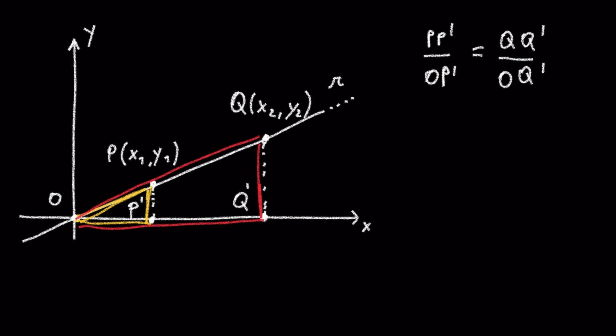You can also notice that this is x1 and this is y1, this is x2 and this is y2, which means that the y-coordinate is proportional to the x-coordinate.